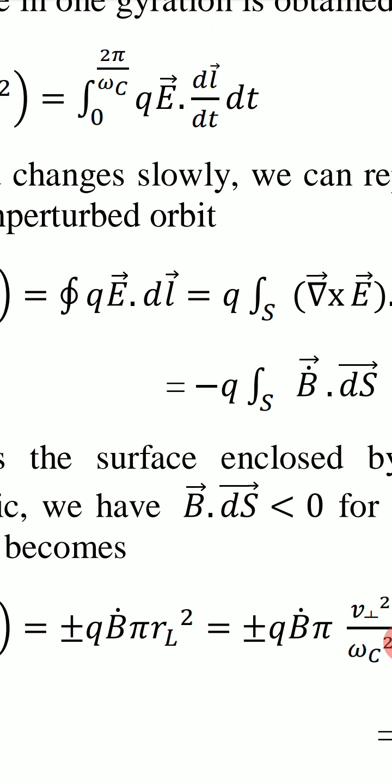We can assume dt cancels out and the remaining integral is for dl, and it is a line integral. So we write a symbol of a circle inside the integration which represents that this integral is a line integral for that circular orbit, for the Larmor orbit.